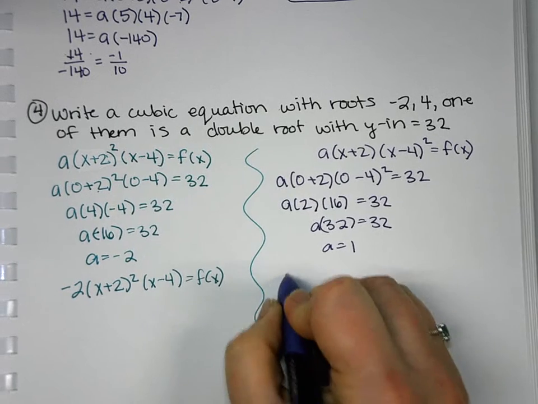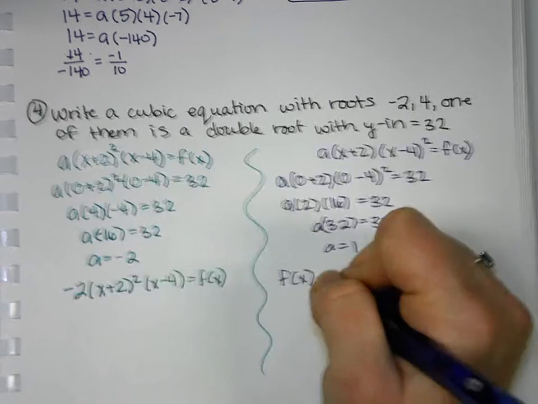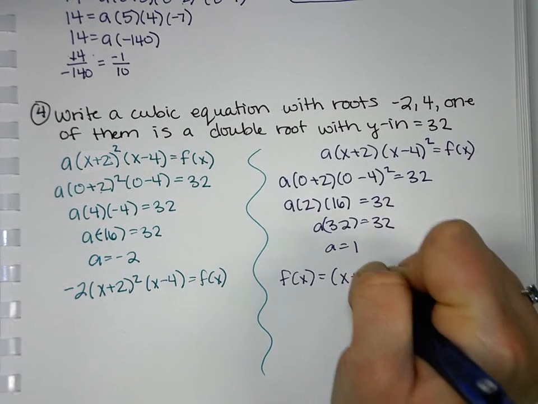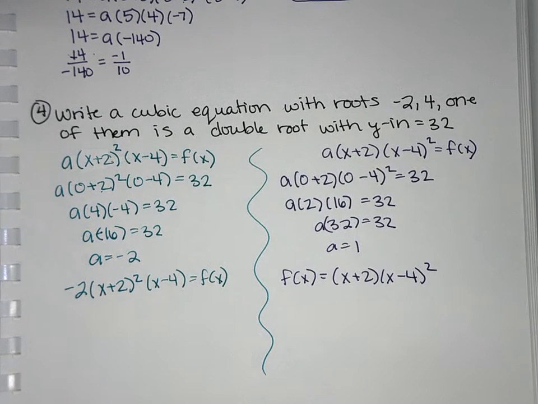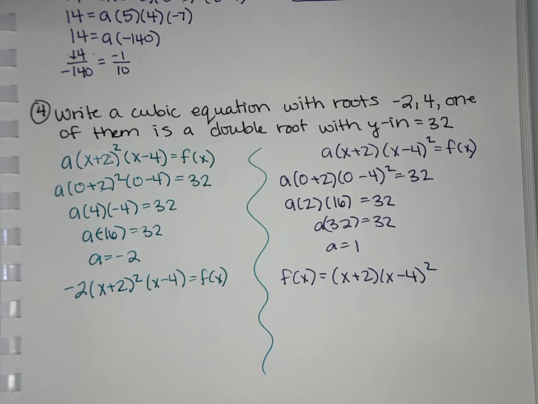That means we could also just have the equation f(x) equals (x + 2) times (x - 4) squared. Both of these, because it didn't specify which one was the double root, could be valid answers. So without more information, we would have to include both, or at least one of them, to get some credit.